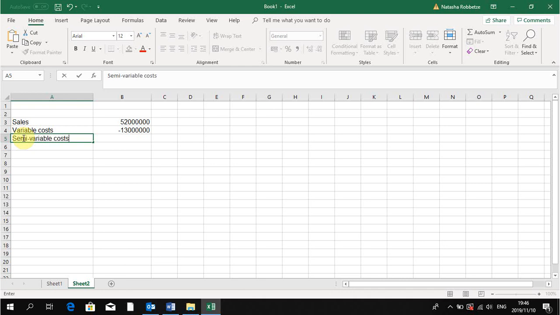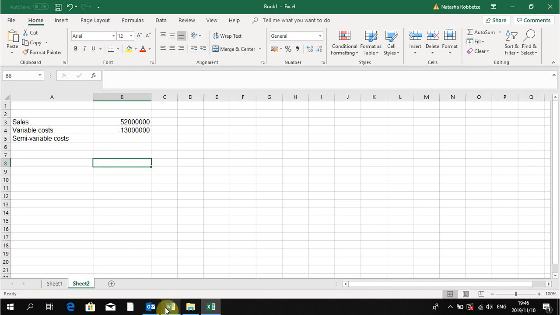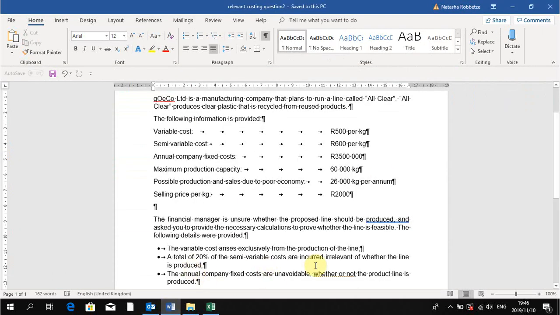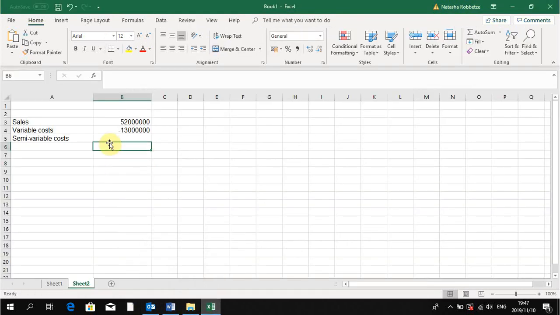We are on the semi-variable cost. With the semi-variable costs, it was indicated to us that 20% of the costs are irrelevant because they are incurred irrespective of whether we make this product line or not. So only 80% of it was actually a cost that would be incurred exclusively for the purpose of the production line. So here I'm still going to take the 26,000 and I type it in as a negative because I want Excel to minus the amount because this is a cost.